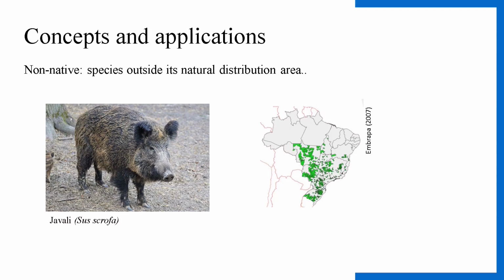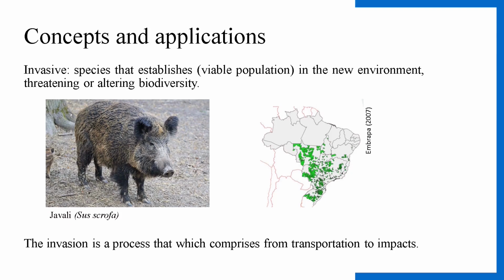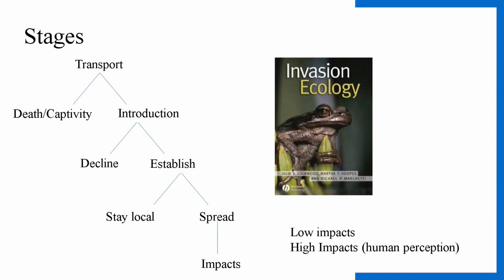So when we talk about a non-native species, we talk about a potential invasive species, because if this species establishes in this new environment, threatening or altering the local biodiversity, we can talk about an invasive species, for example the same javali in some areas in Brazil, because invasion is a process that comprises everything from the transport to the impacts.